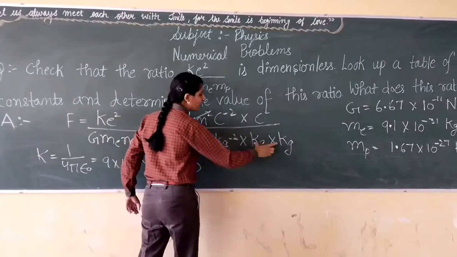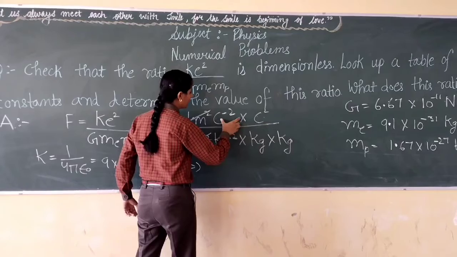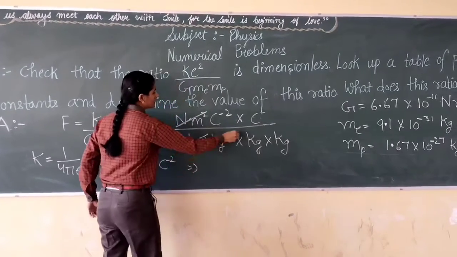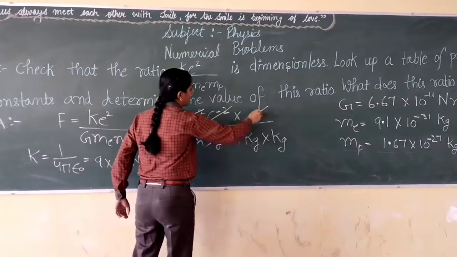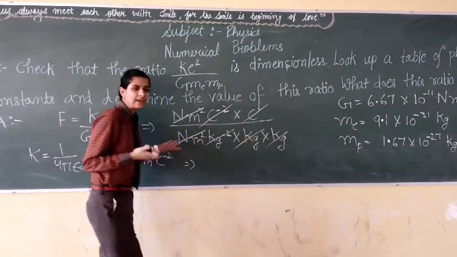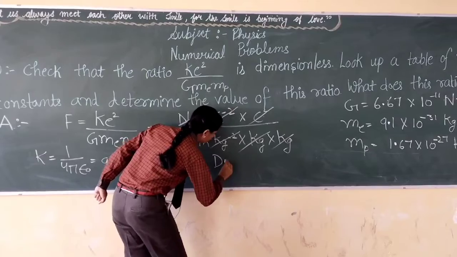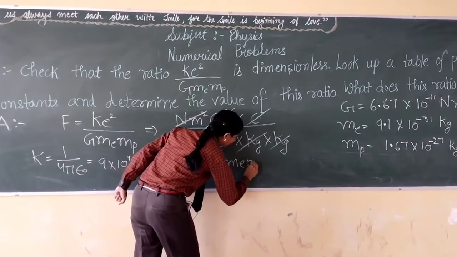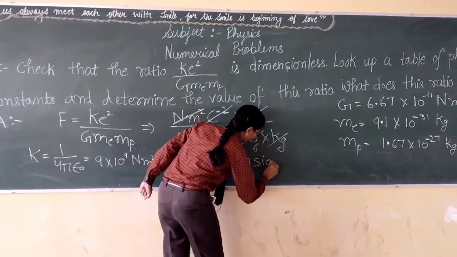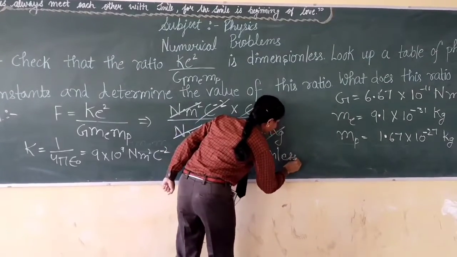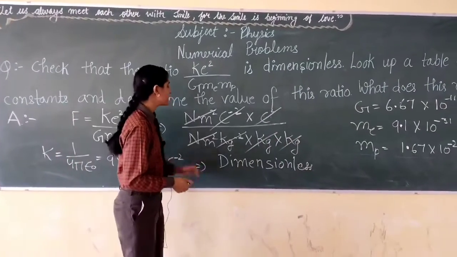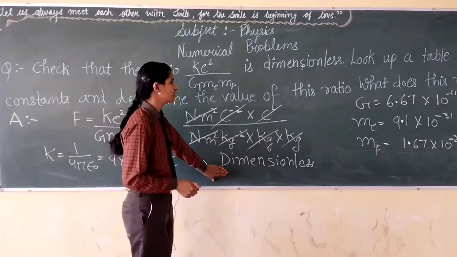This will similarly also be 1 as we have done in the case of Coulomb. So all these quantities will cancel out and we are left with nothing. So we have proved that this is dimensionless. As we have studied here, this ratio is dimensionless.